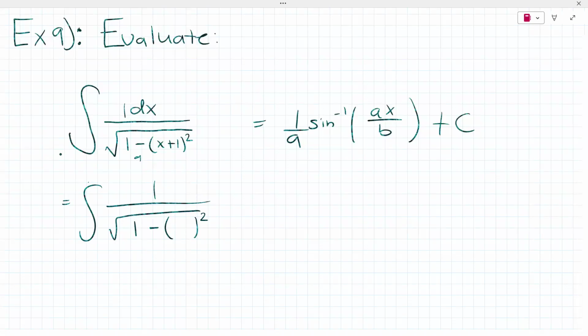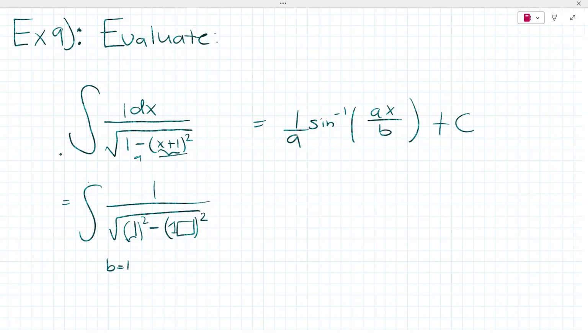Okay, so this one's a little bit trickier because of this x plus 1. So this is your b value. So what number squared gives you 1? 1, right? So your b value is 1. So I think it's just going to be 1 and then whatever this box is, right? So be careful.